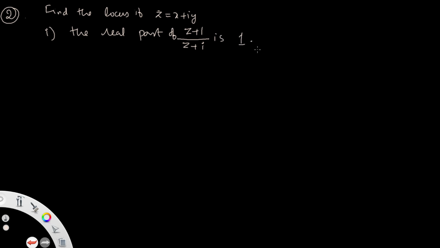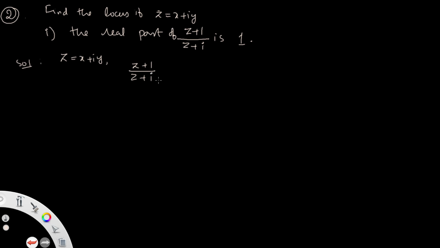Let z equal to x plus iy, as always, substitute as given. Afterwards you take the real part.